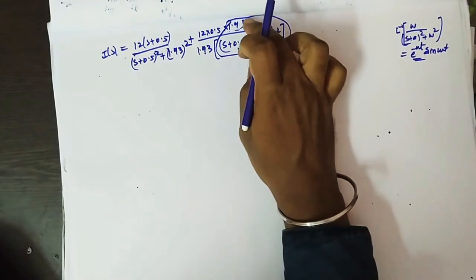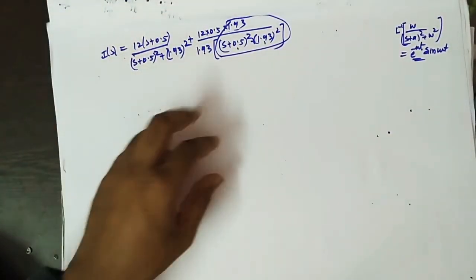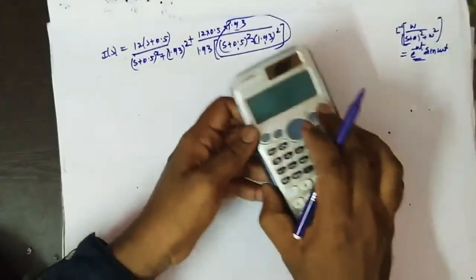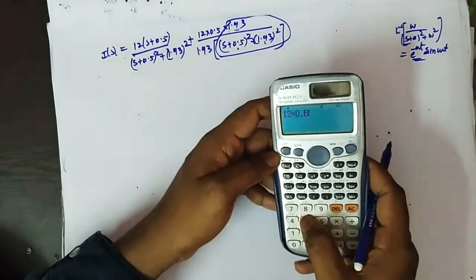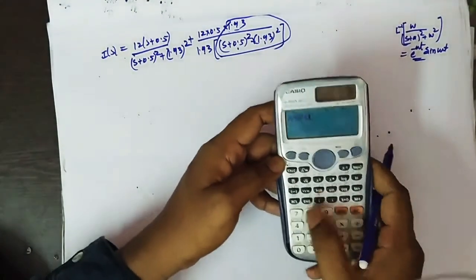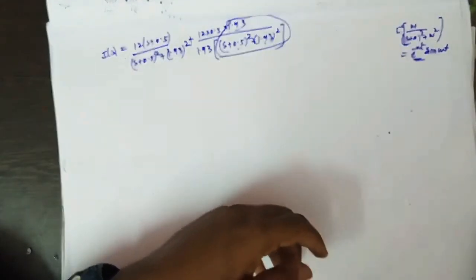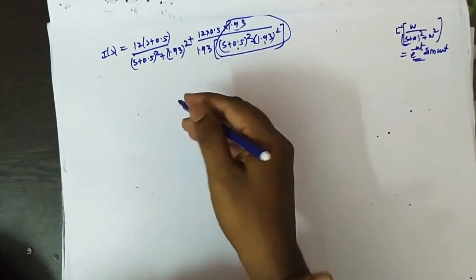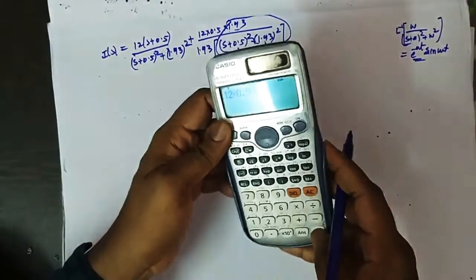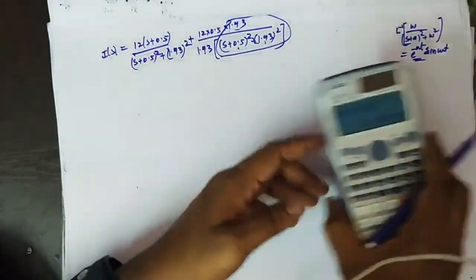So to get this term I multiplied and divided with 1.93. So we calculate this constant value, that is 12 into 0.5 divided by 1.93. So you will be getting the constant 3.1 here.